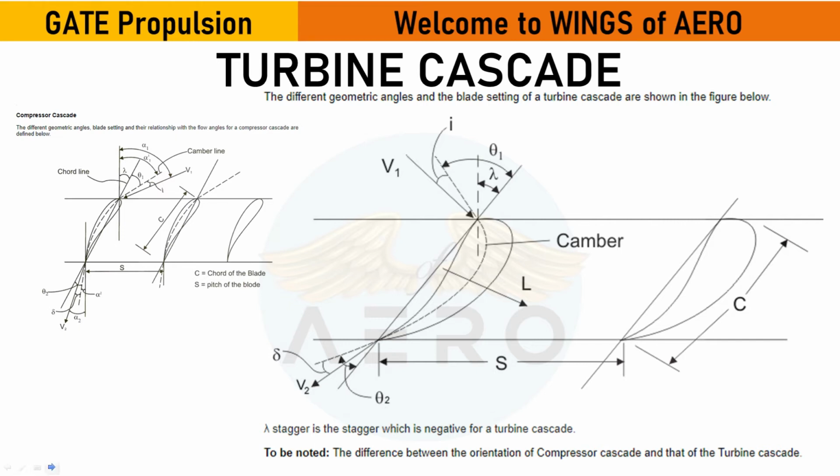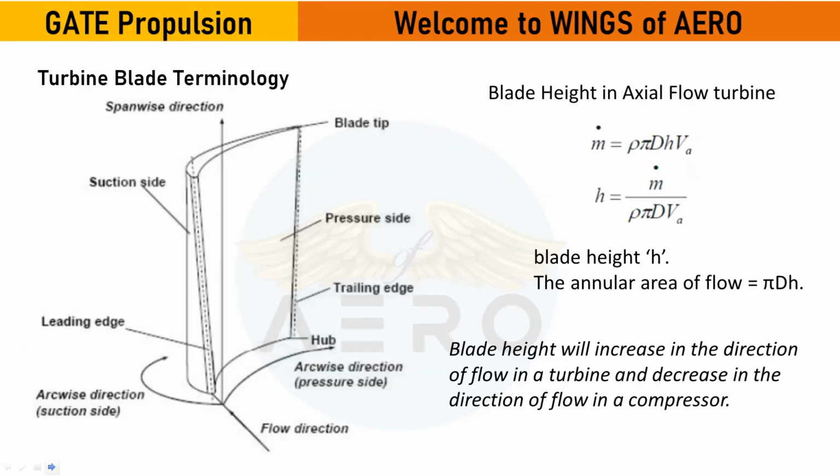Already we have done this. Next comes how to find out the blade height. If you remember the compressor, when there is an inlet guide vane followed by a rotor, then followed by a stator, the mean blade height was gradually decreasing.